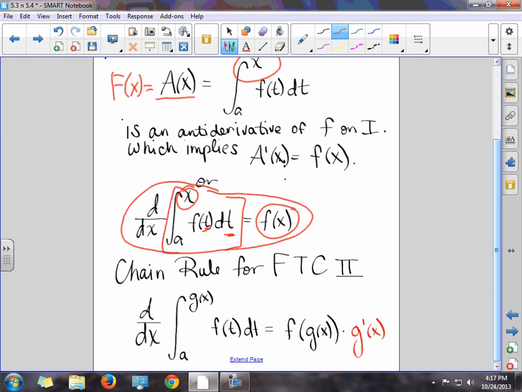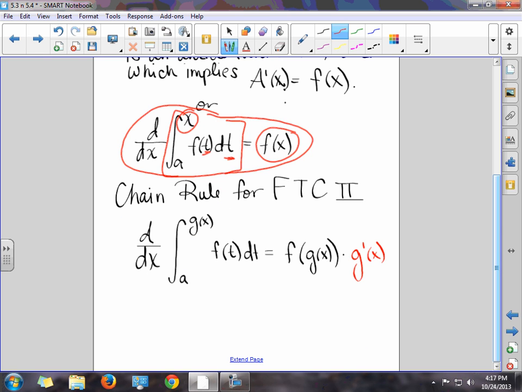Another thing you can look at is if, instead of having an x as your upper limit, you have some function g of x. Generally questions like this will ask you to take the derivative of your integral. You do something very similar: you plug this g of x in for t. But think about what happens when you take derivatives.